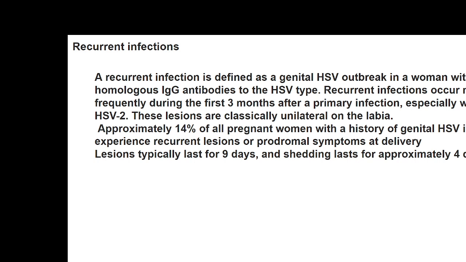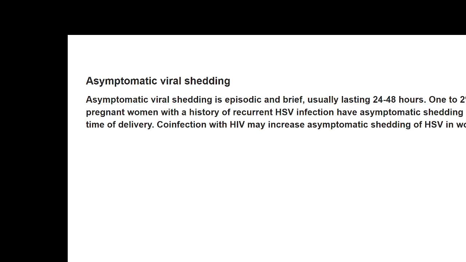Approximately 14% of all pregnant women with a history of genital HSV infection experience recurrent lesions or prodromal symptoms at delivery. This is another important issue. Though they may have a latent history, at the time of delivery patients develop symptoms, and that is quite significant, about 14%. Typically, the lesions last for about 9 days and shedding lasts for about 4 days.